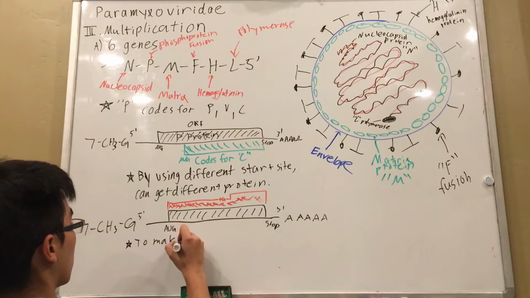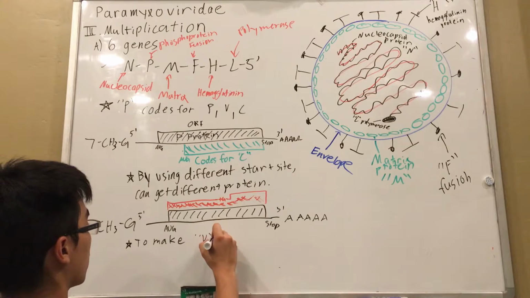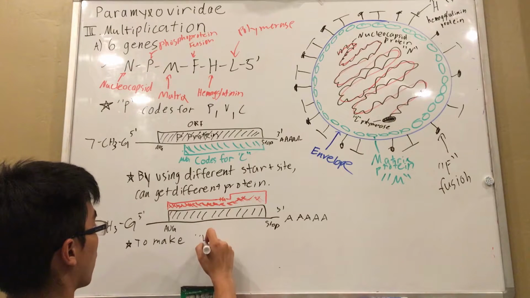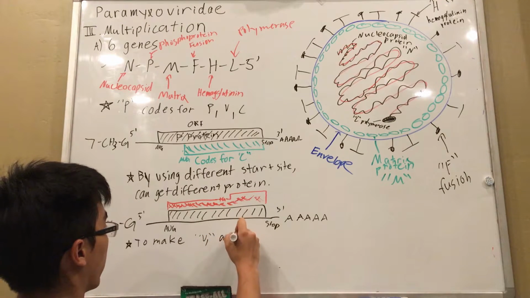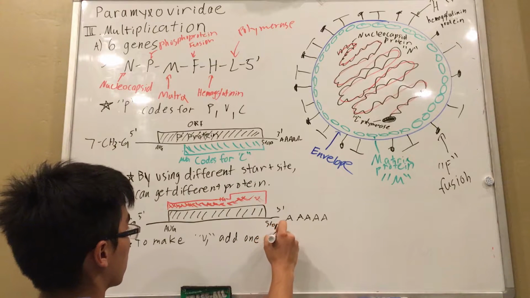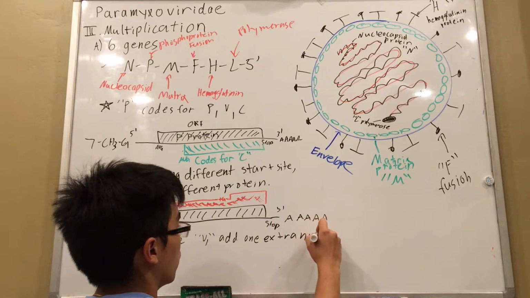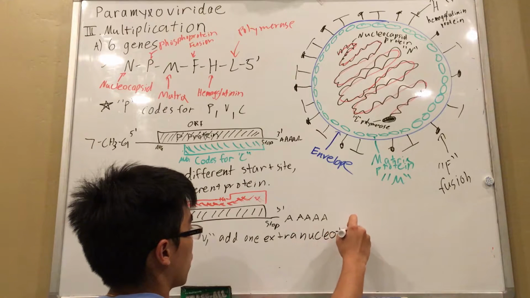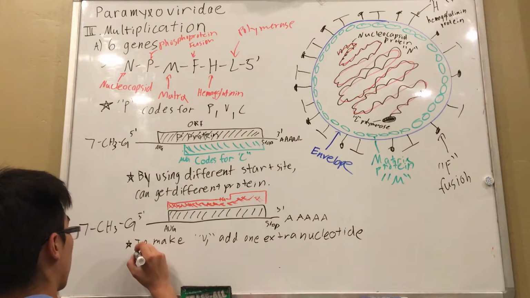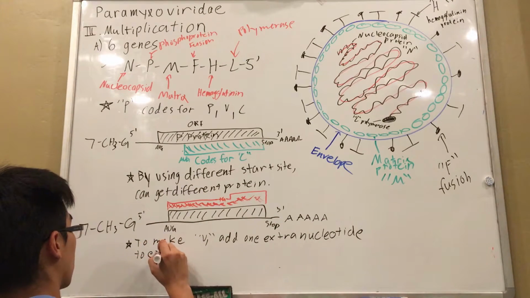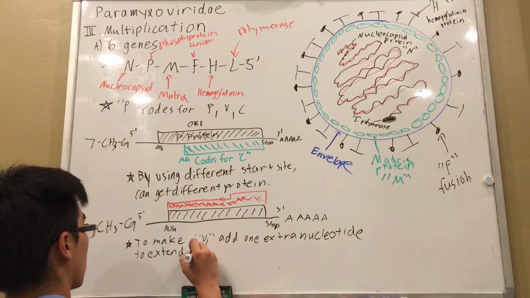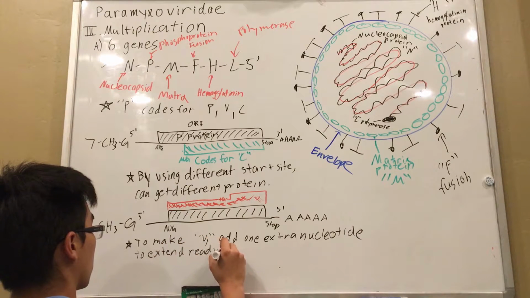To make V, add one extra nucleotide to extend reading.